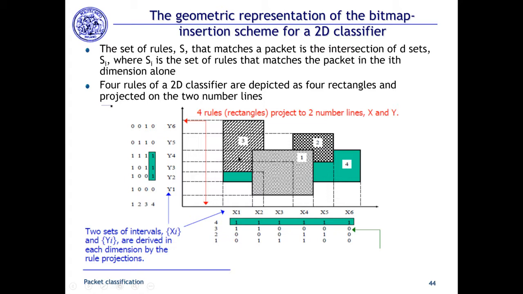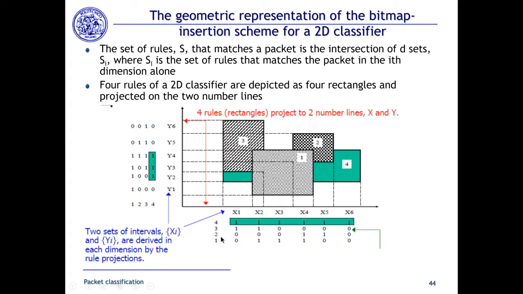So we produce the bitmap, this binary number you see below x1, and in this number, the position of each bit corresponds to a specific rule. So the number of bits of this bitmap is equal to the number of rules that you have.